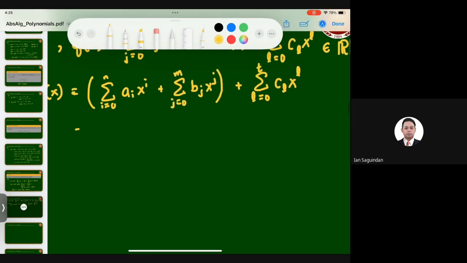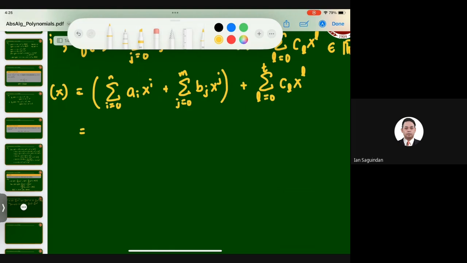According to the definition, the first term should become the summation of all. So we agree that the terms will be moving simultaneously according to the indexing variable i. So a sub i plus b sub i, x to the i running from 0 and ending at whichever is higher between n and m.